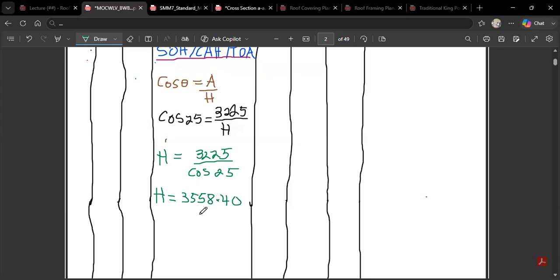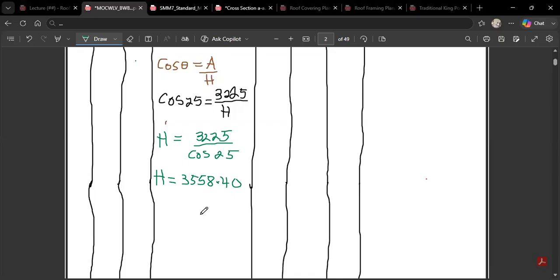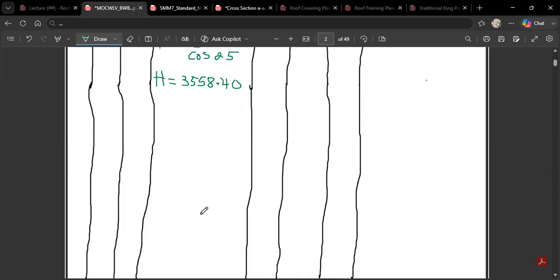So from here, what are we going to do next? If you want to write it in meters, you could convert it and also write it in meters. That is, you just divide it by 1,000. So you write 3558.40 divided by 1,000, and that is going to give you 3.56.